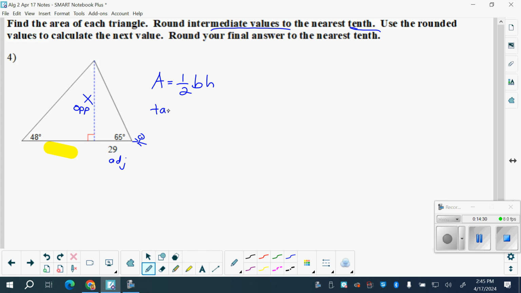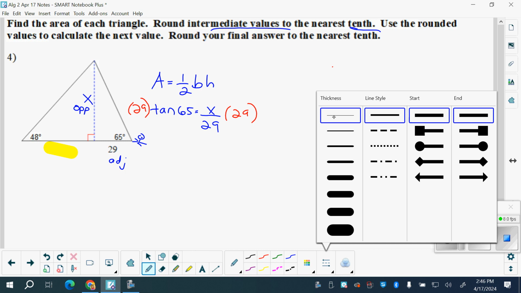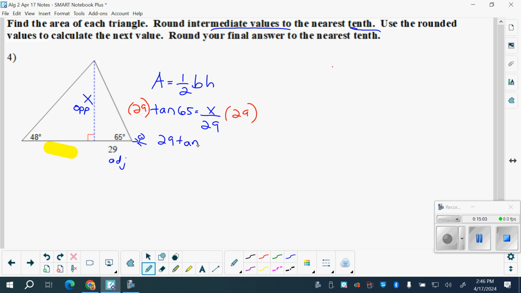Tangent. So tangent of 65 is the opposite x over the adjacent 29. And what do we do to solve that? Jack, what do we do to solve that? That's right. And so we get 29 times tan 65 is x.